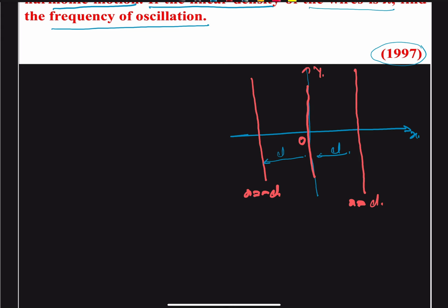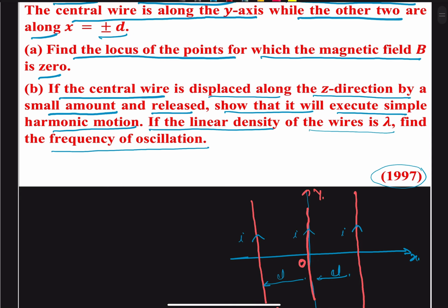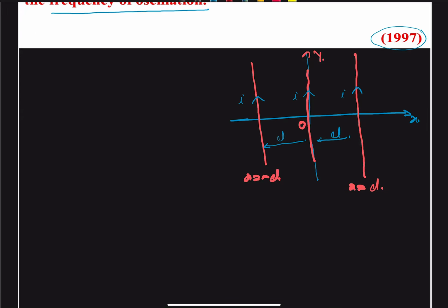So these are three wires, and they carry current I in the same direction. In the first part, we have to find the locus of points in which the magnetic field is 0. So we have to find the region basically where the magnetic field is 0.